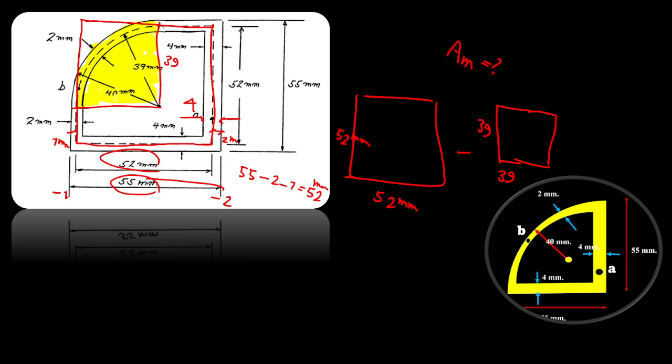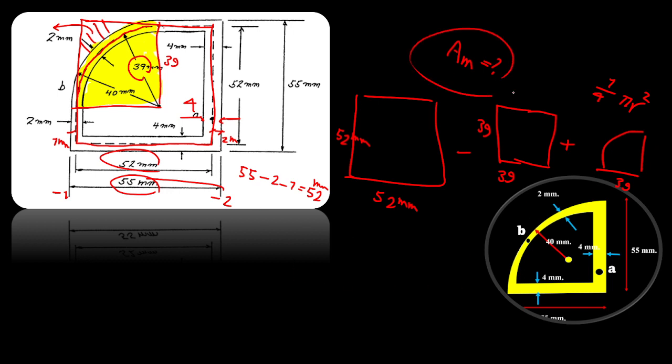So we are removing that small left area, this reddish dashed area, and then adding a quarter of pi r squared, where the radius is 39 because the center line stands here. If we add this up together, we will have our area A_m, and the rest is replacement in the formula.